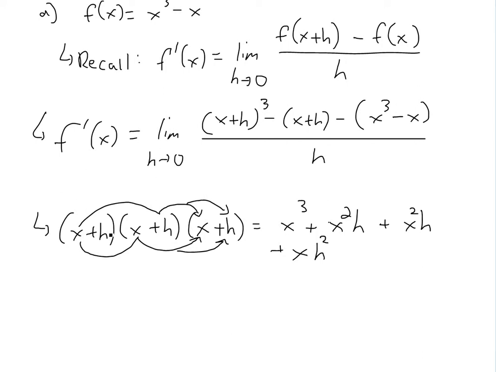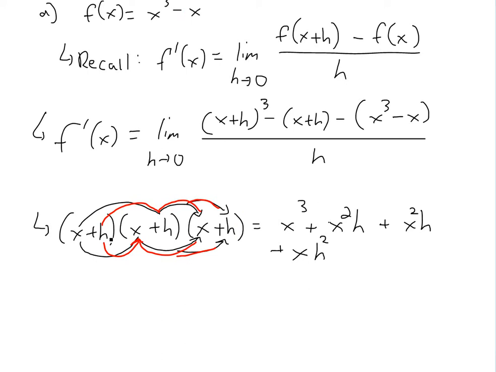Now we do the same thing but for the h. So we have this h times x, and then times these two as well, and then the same thing going over to the h. So we'll have another two pairs to add.